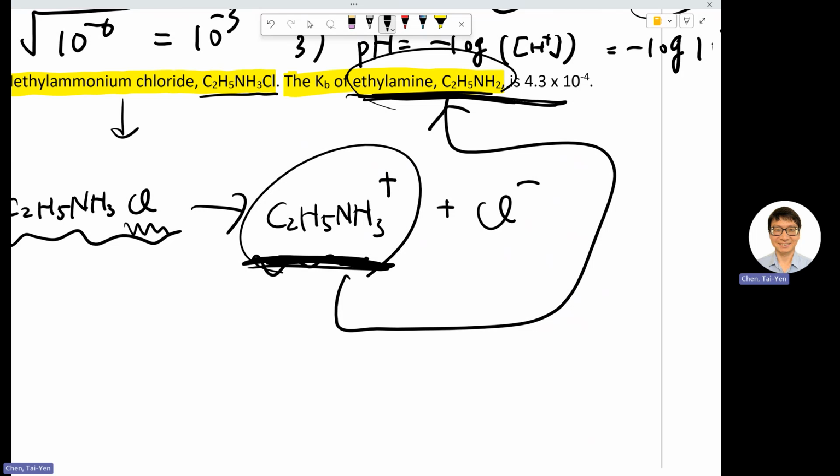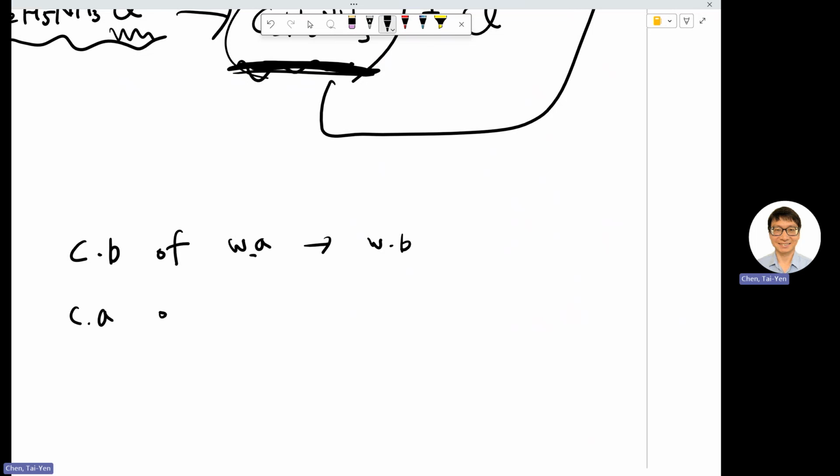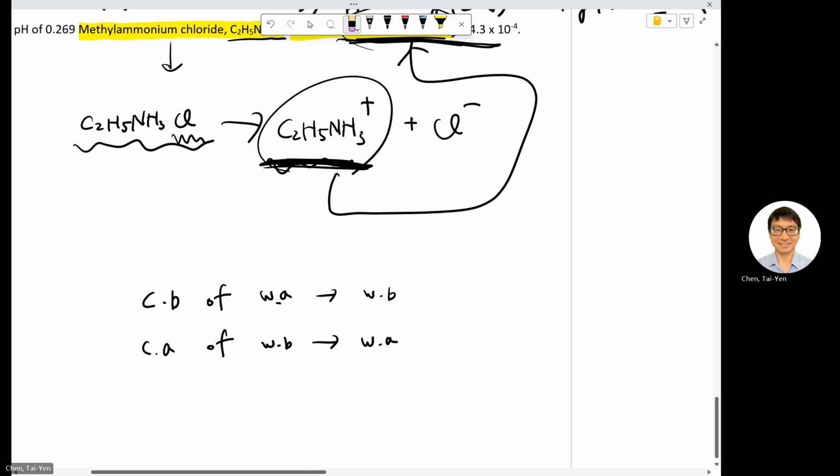The conjugated base of a weak acid will be a weak base. The conjugated acid of a weak base will be a weak acid. Strong acid will have 7 of it, nothing more. Now I'll come back to this.